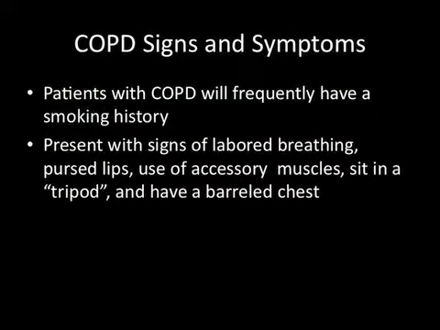Patients with COPD will frequently have a smoking history. Patients will present with signs of labored breathing, pursed lips, use of accessory muscles, sit in a tripod, and have a barreled chest. COPD is treated in two different ways. In a COPD exacerbation or a flare of COPD, our therapy is typically oxygen support if needed.